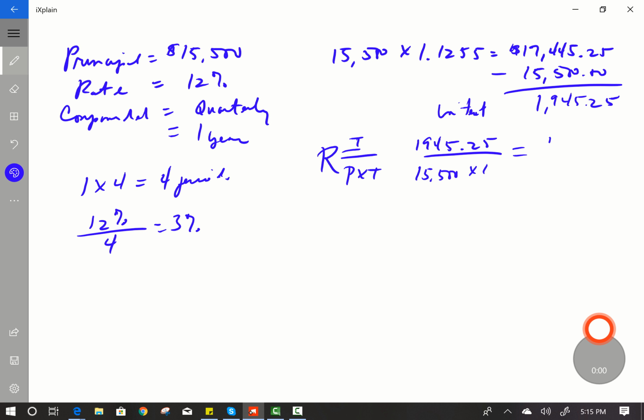So that's the same as $1945.25 divided by 15.5, and that will equal the effective rate of 0.1255. Move the decimal point 2 places to the right, which is 12.55% when rounded to the nearest hundredth. Okay, so that's the true rate. Effective rate is always slightly higher than the stated rate of 12%.